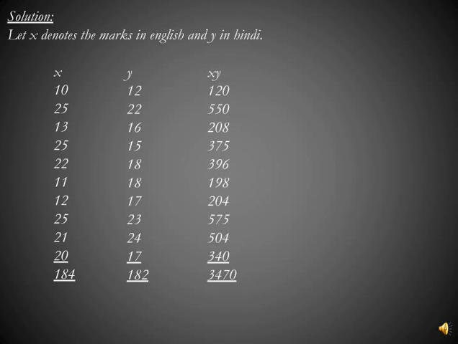Now according to the formula we need XY also, so we'll just multiply the values of X and Y. On multiplying 10 by 12 we get 120, 25 by 22 we get 550, 13 multiplied by 16 is 208, 25 multiplied by 15 is 375, 22 multiplied by 18 is 396, 11 multiplied by 18 is 198, 12 multiplied by 17 is 204, 25 multiplied by 23 is 575, 21 multiplied by 24 is 504, and 20 multiplied by 17 is 340.